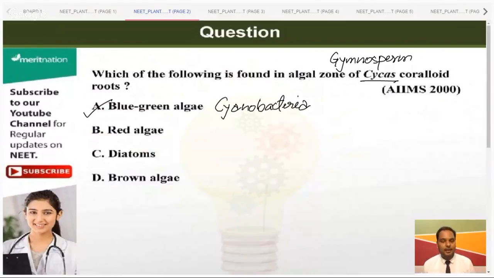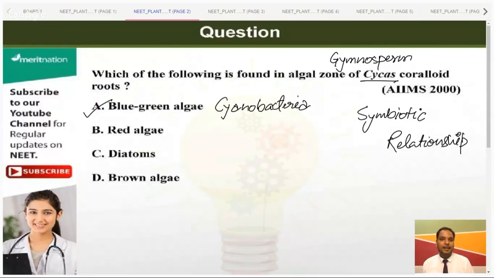This is a broad category, and every one of them is characterized by having coralloid roots because of the presence of blue-green algae, the cyanobacteria. It's again a beautiful symbiotic relationship, everyone. They help each other in their life cycle, growth and development.